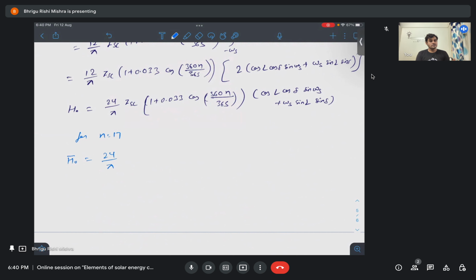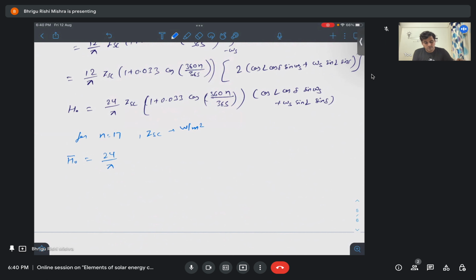Also, since the unit of I_SC is in watt per meter square, and we need it in joule per meter square per day, which will be the monthly average basically, we need to convert the unit.